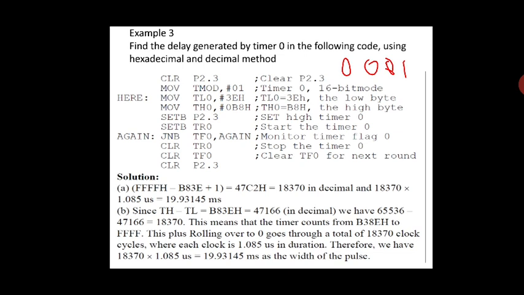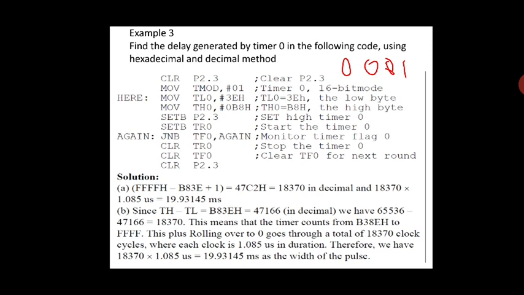Now let us move to the solution, how I calculated, because this program is meant to calculate the time interval of the timer. In the solution, the program is the same, there is no change here. SETB TR0 means we start timer 0, and we keep on monitoring TF0, because I'm using timer 0.